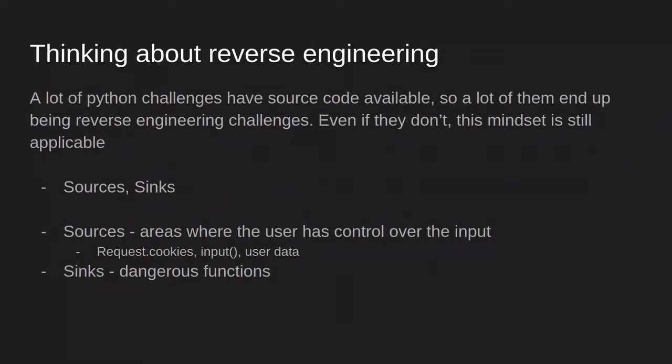Cool. So another bit of general high-level theory before we get started is how you should think about reverse engineering, because in a lot of Python challenges, and a lot of the time when you're dealing with Python, you're going to have source code available. And when you're doing that, you should think in terms of sources and sinks, where sources are where you have the ability to control input, and sinks are dangerous functions that you might want to try and control.